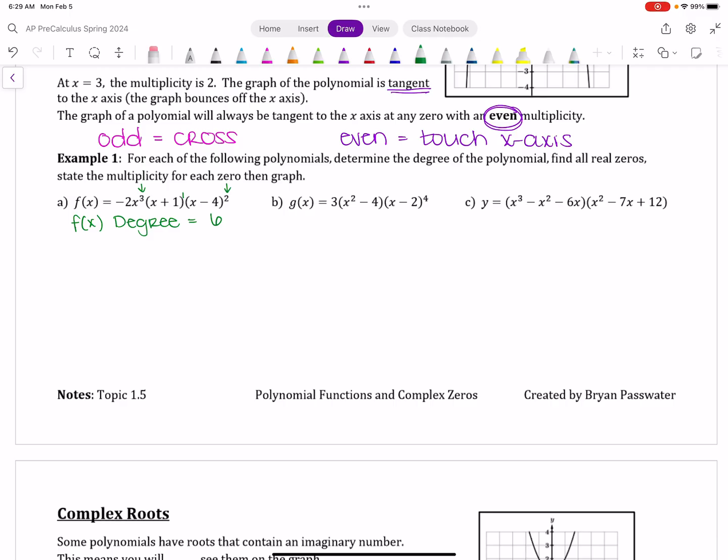And then if we want to determine our zeros, our first zero comes from x cubed, and that would give us a zero of x equals 0 with a multiplicity of 3. Our next zero would be at x equals negative 1 with a multiplicity of 1. And our last zero would be at x equals 4 with a multiplicity of 2.